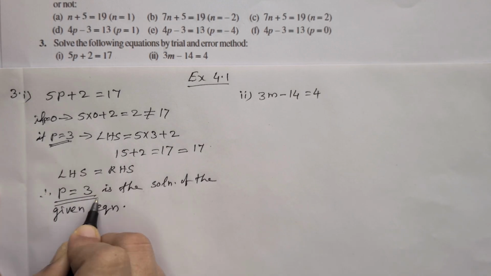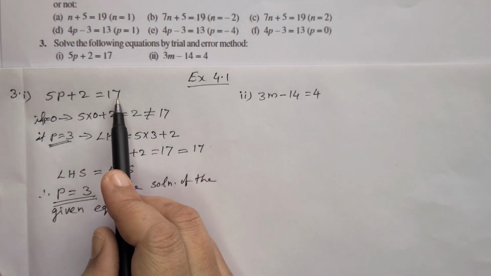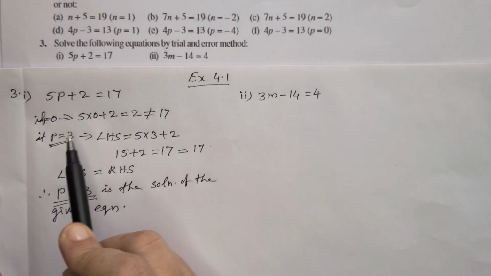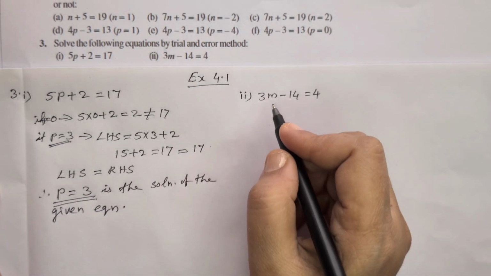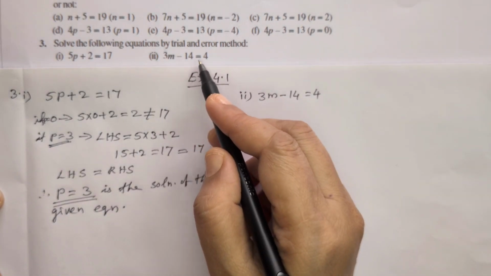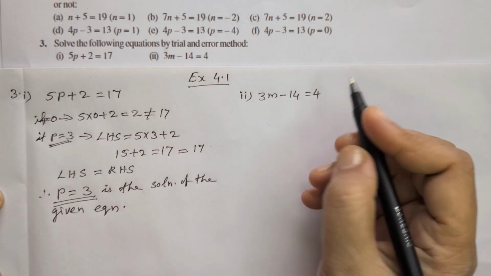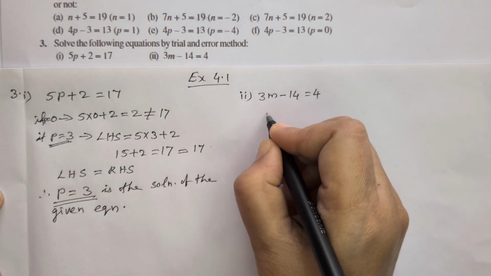Where we are getting the correct answer, same as the right side number, that value of the variable is the solution. Here in the second question, 3m minus 14 is equal to 4. Here also we can try with any number.